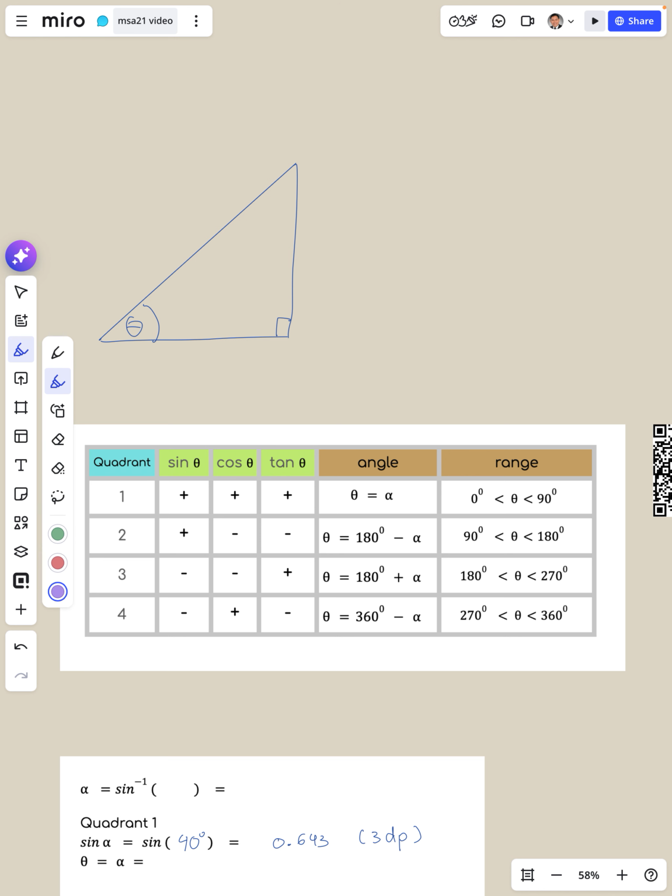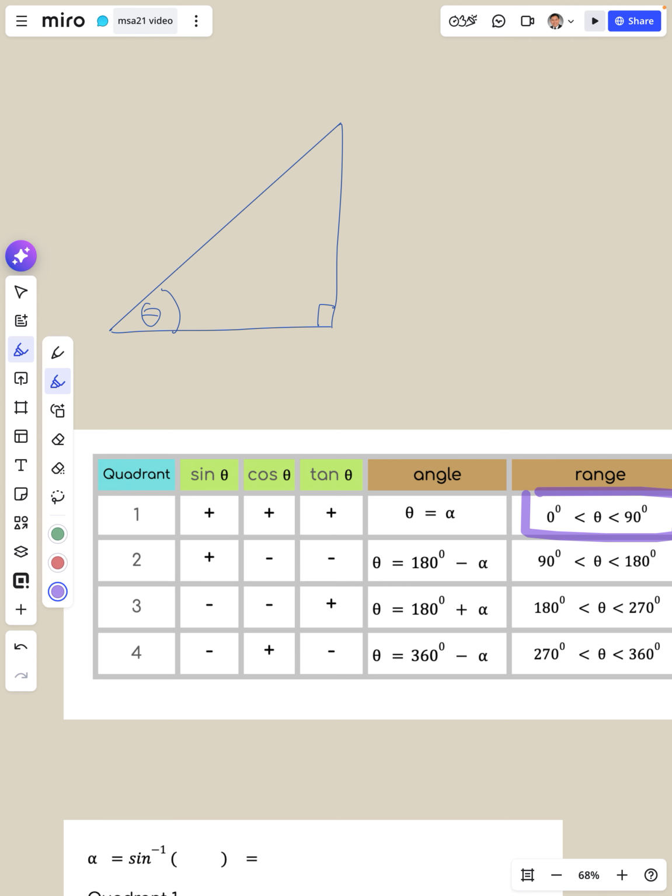So for example, if the angle in the trigo ratio is between 0 and 90 degrees, then we say that angle is in quadrant 1, and the sine value of that angle is positive, the cosine also positive, and the tangent also positive. We name the angle between 0 and 90 degrees alpha.